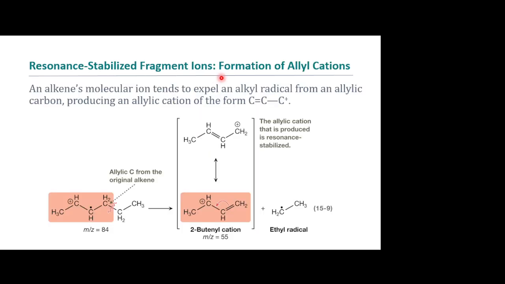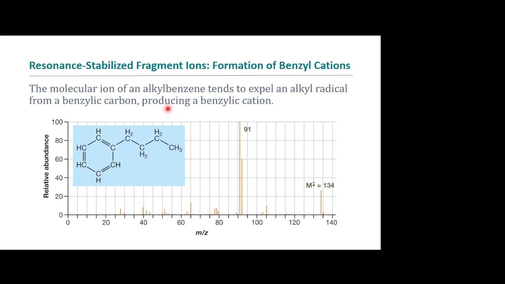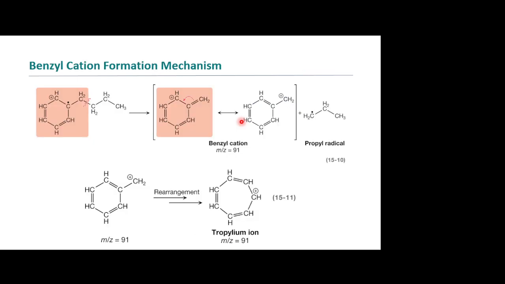All right. Okay, so let's look at the benzene and benzene derivatives here. So your molecular ion for the alkyl benzene here is going to tend to expel an alkyl radical from the benzylic position, and this will give you the benzylic cation right here, which is your highest population.